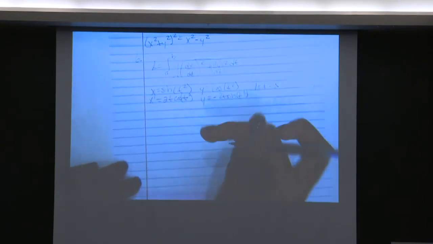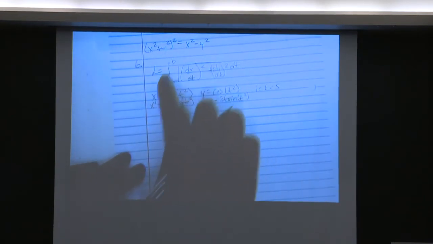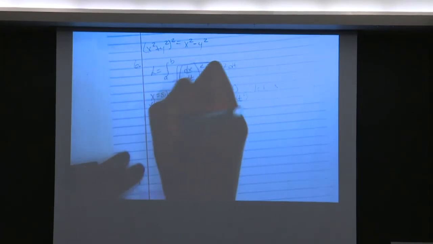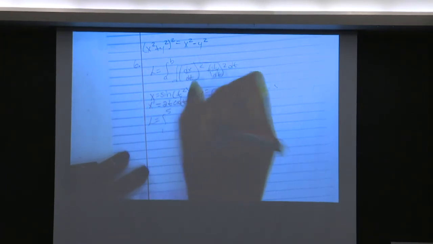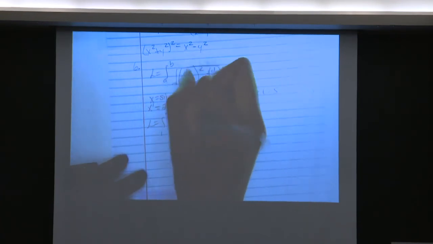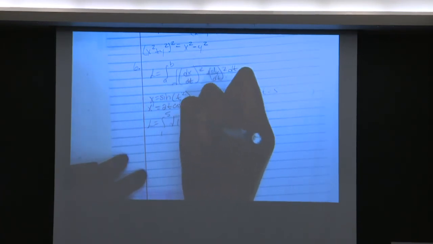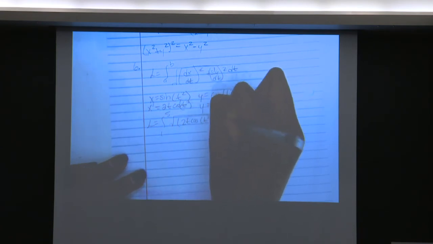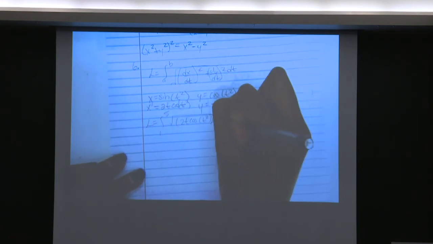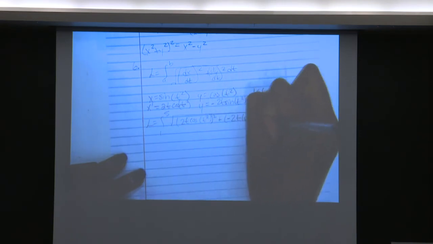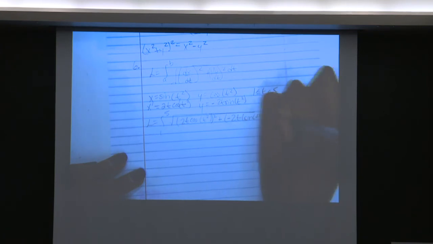And then just plug those in, and my limits are going to be from 1 to 5, or my bounds, whatever you'd like to call them. 2t cosine t squared, squared, plus negative 2t sine t squared, squared, dt.